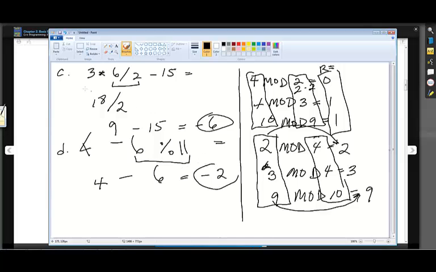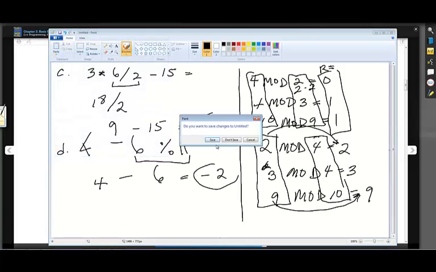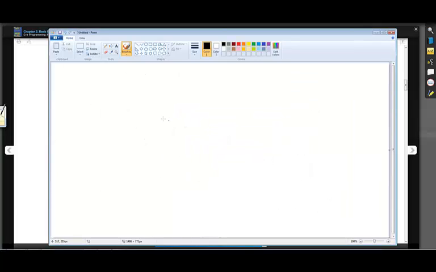Okay, let me clear this board for a second. I'll save this. Let me do another one, letter E. Let's take 37 divided by 4.0. What does that equal? I don't know what data type this is, but we do know it's a decimal.